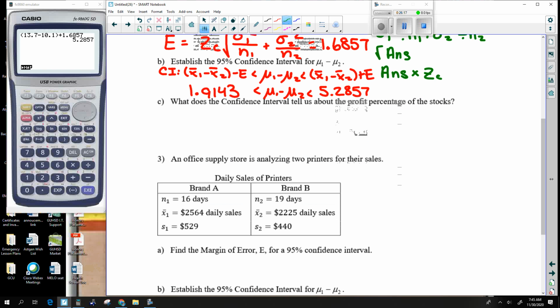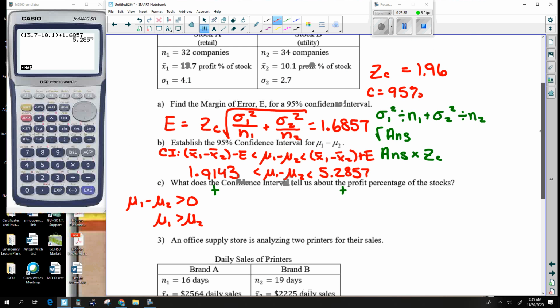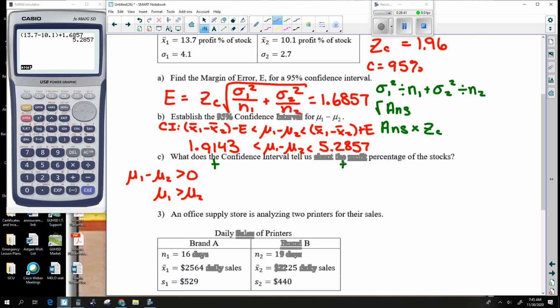Okay, I notice that the answers here are positive, positive, positive, positive. And so when they're positive, positive, that implies that mu1 minus mu2 is greater than 0, thus mu1 is greater than mu2. So the average of 1 is greater than the average of 2. And so again, where I look to describe my words is the X bar, profit percentage of stock.